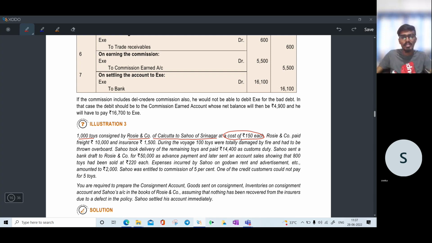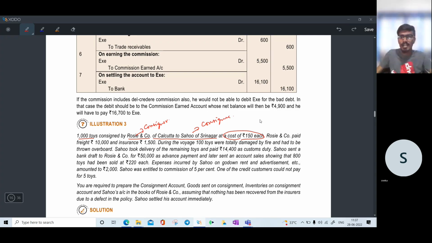Wait, hold on. Who is the consignor and who is the consignee? Rosie and Co. is the consignor. Shahu of Srinagar is the consignee. Very good. Then move on.